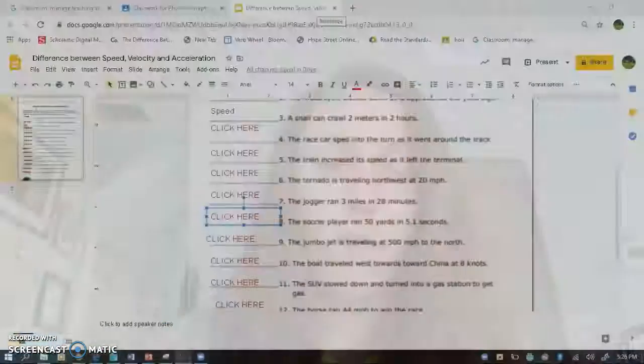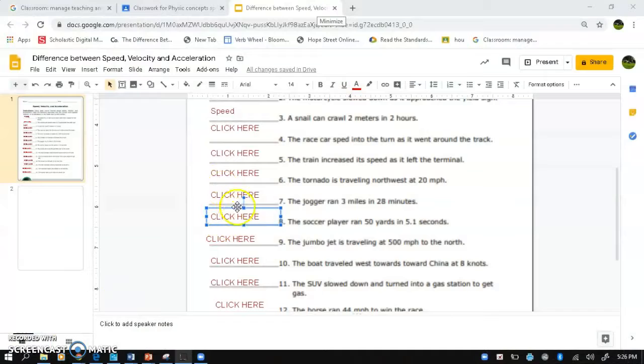It is not saying direction. It is not saying speeding up or slowing down or increasing, decreasing speed. So it's not an increase or decrease, it's just staying constant. So this would be speed.